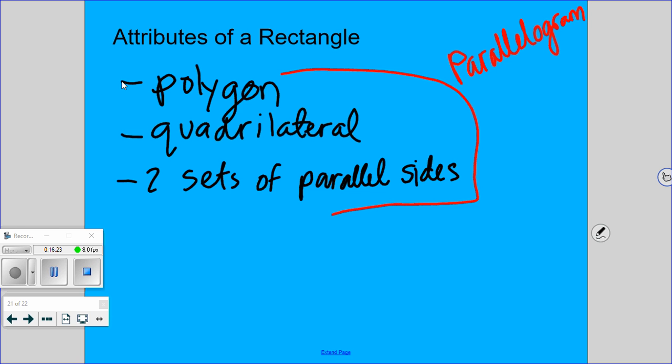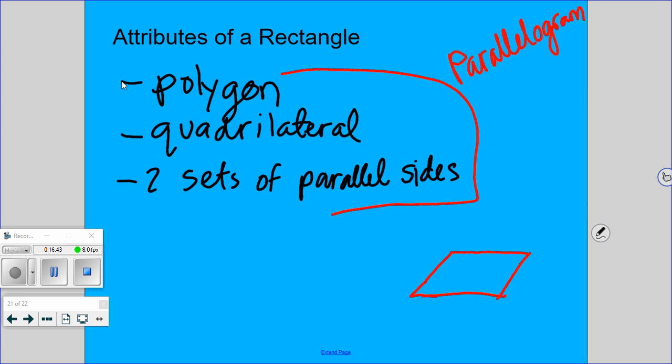Because some parallelograms will look like this. That is a parallelogram. It has no holes, straight sides, and 2 sets of parallel sides.